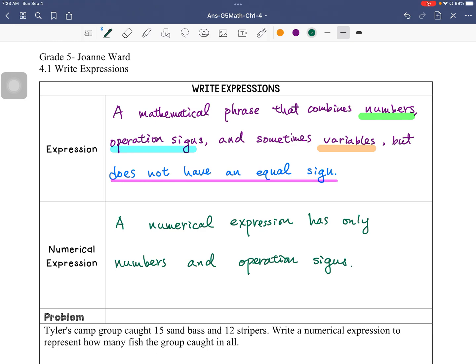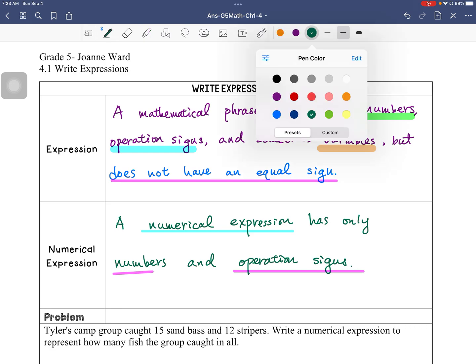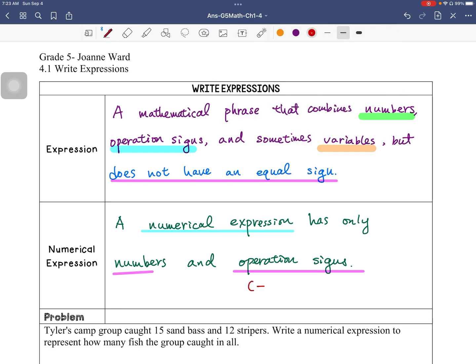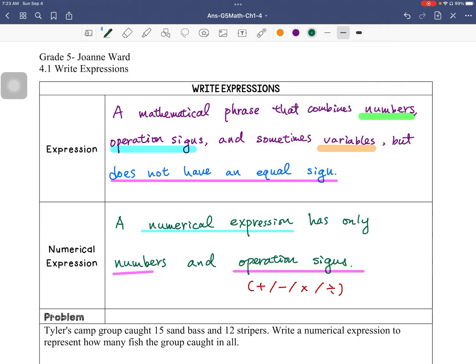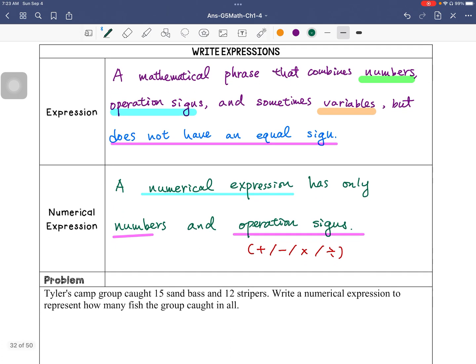So a numerical expression has only numbers and operation signs. So here the operation signs are addition, subtraction, multiplication, and division. So a numerical expression has only numbers and operation signs.